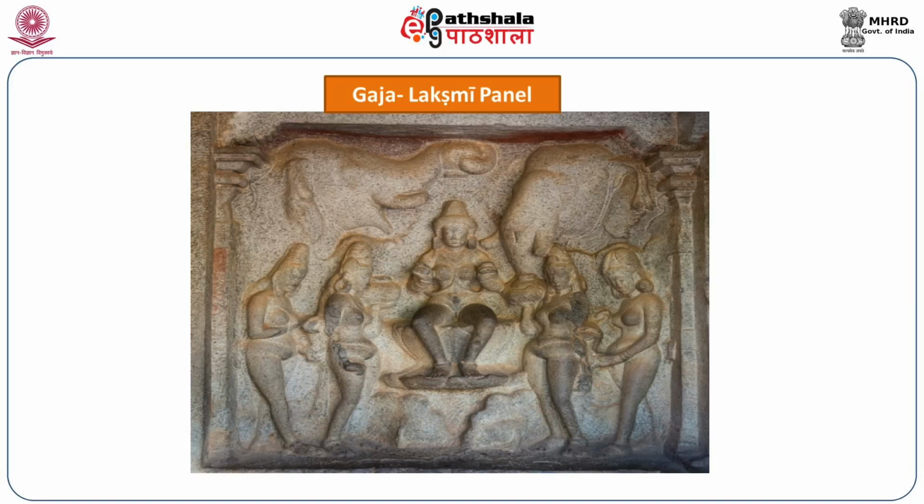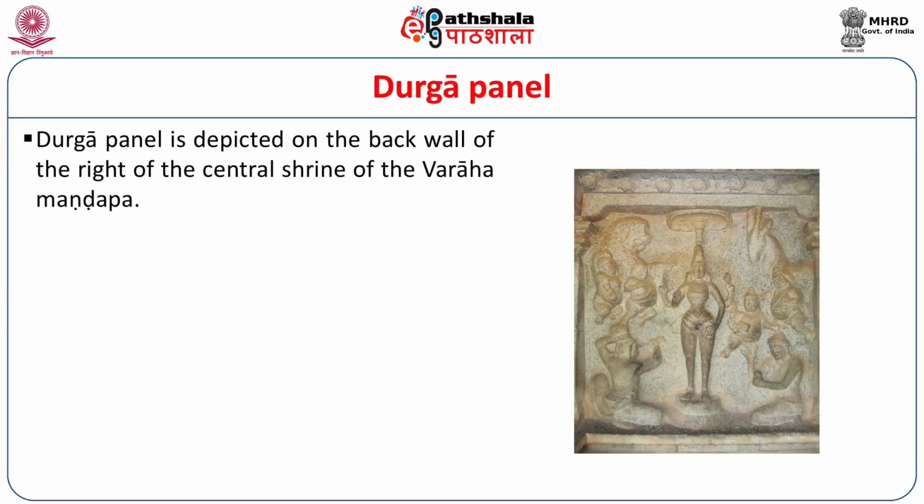Then another panel which is a very interesting panel is the Durga panel. This Durga panel is depicted on the back wall of the right side of the central shrine of the Varaha Mandapa. And you can see that the umbrella is shown above the head of the Durga, and the Ganas, that is the dwarfs, are shown on either side.